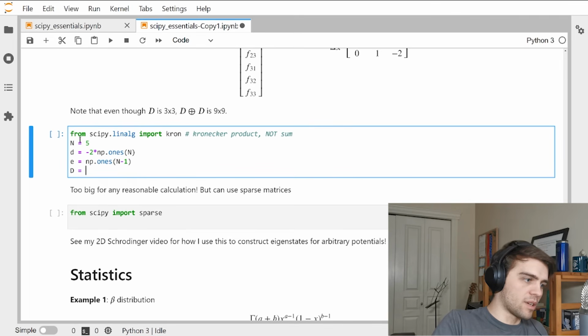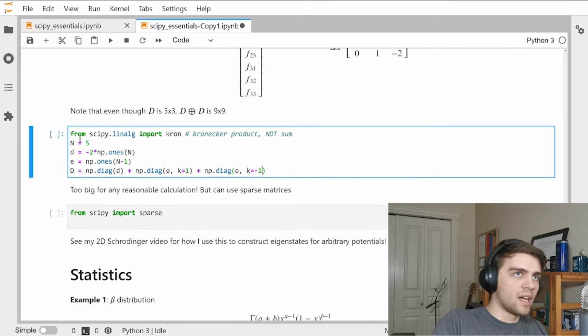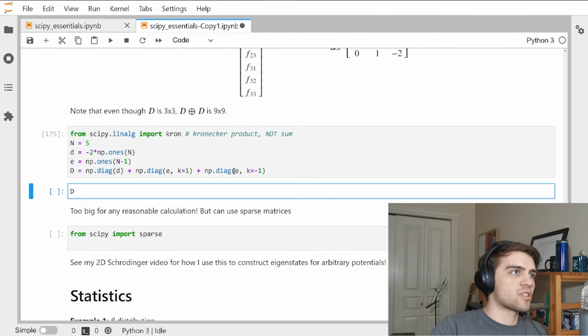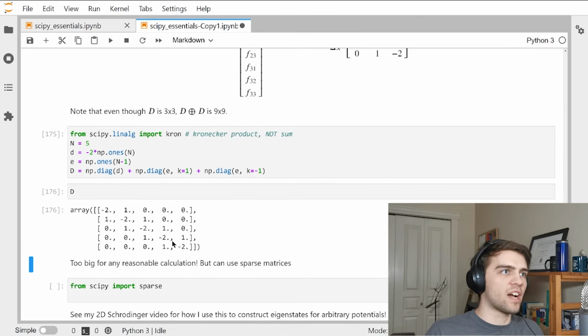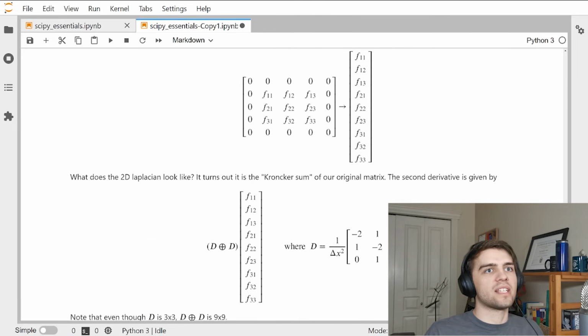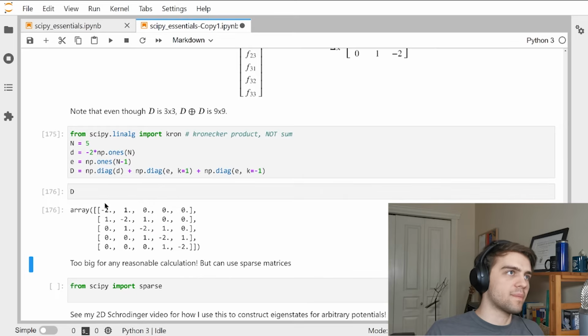And then my diagonal matrix D is equal to np.diag of D, with the off diagonals at k equals 1. This is assuming, by the way, that delta x is equal to 1. And then I have my matrix D that I was talking about. So this is basically this matrix here, but 5 by 5.